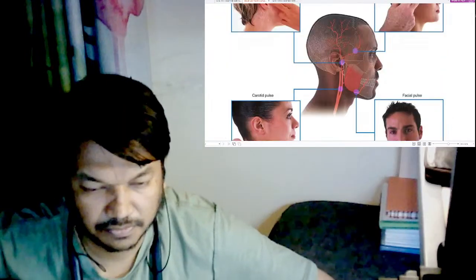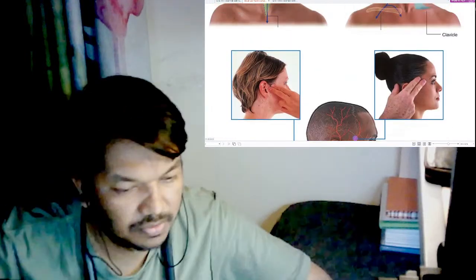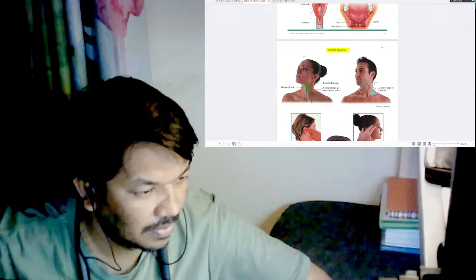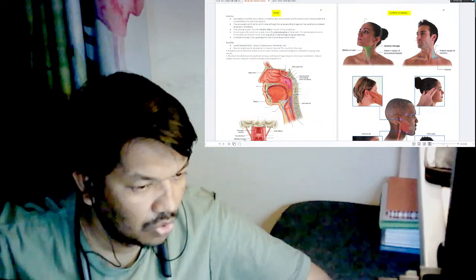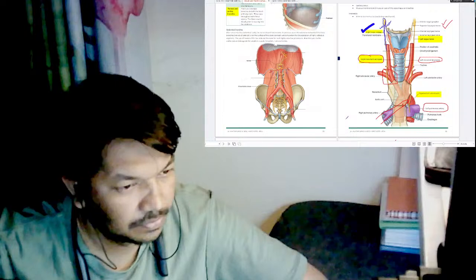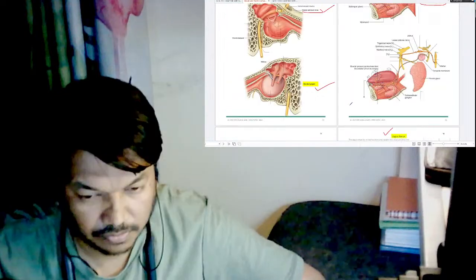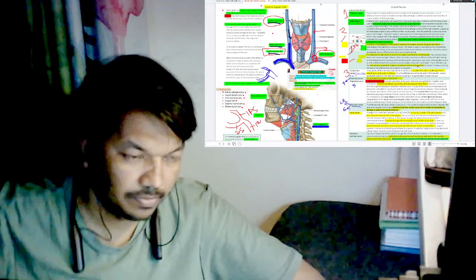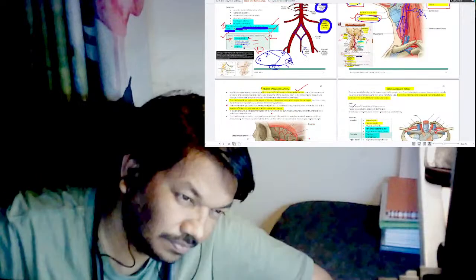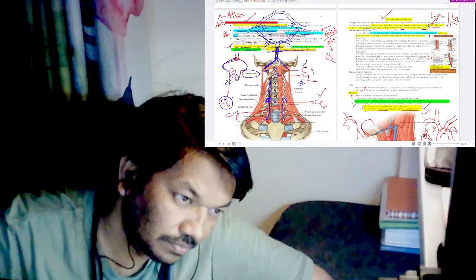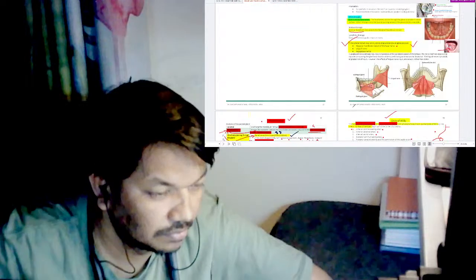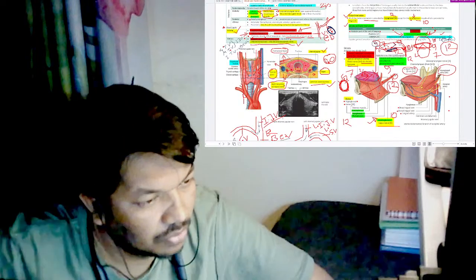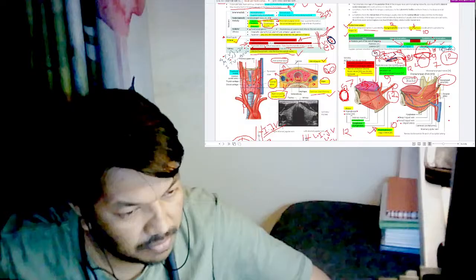Second stage. Don't forget about the tongue nerve supply, thyroid blood supply.